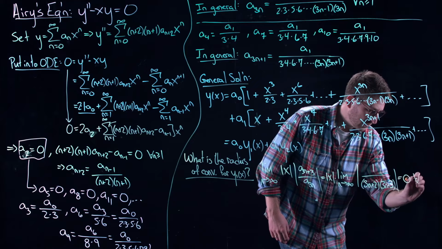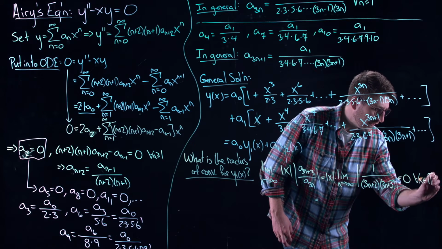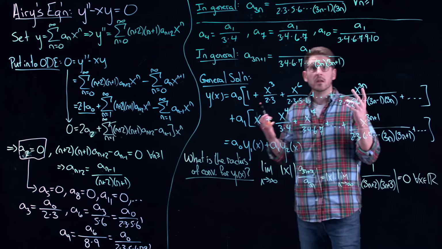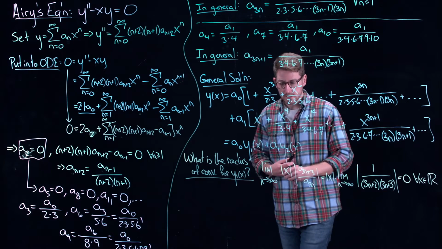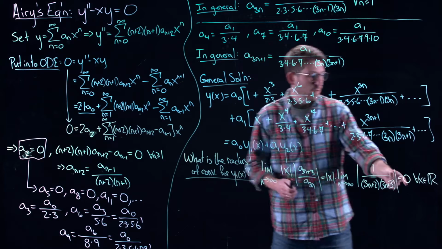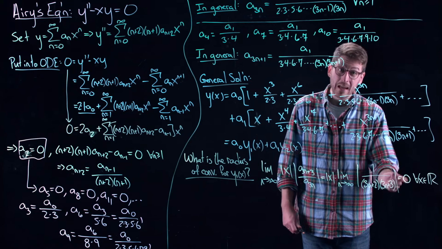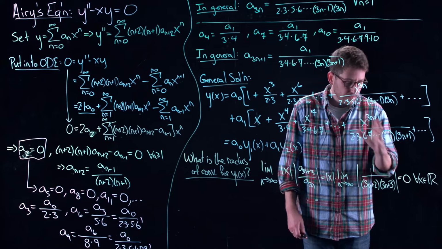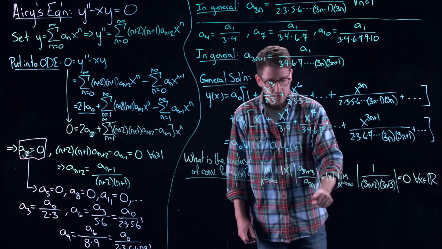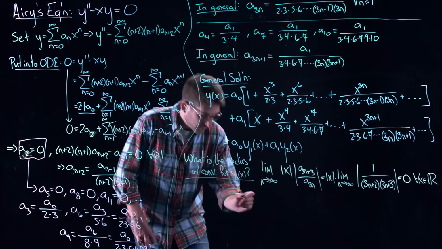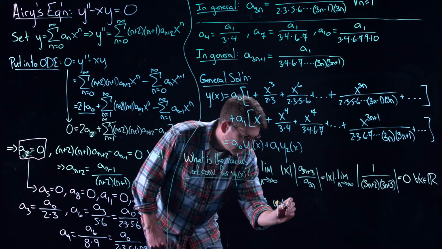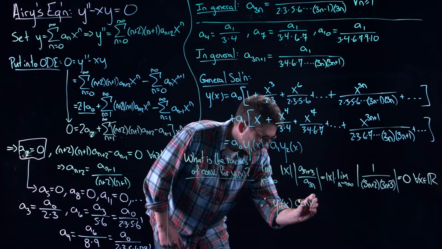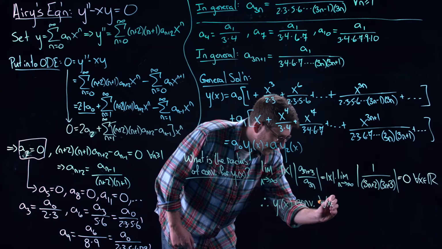And this is equal to 0 for every value of x and r. So, what values by the ratio test does this thing converge for? Well, since the limit is less than 1 for every value of x, it converges absolutely for every single value of x. So therefore, y1 of x converges for all x and r.